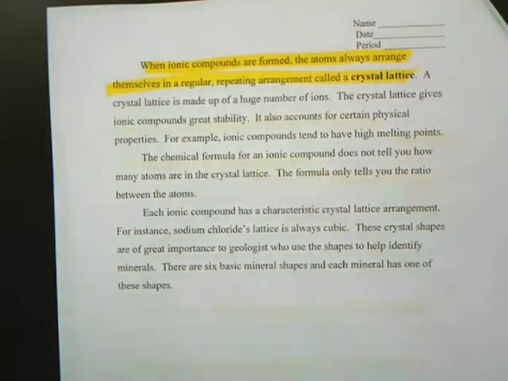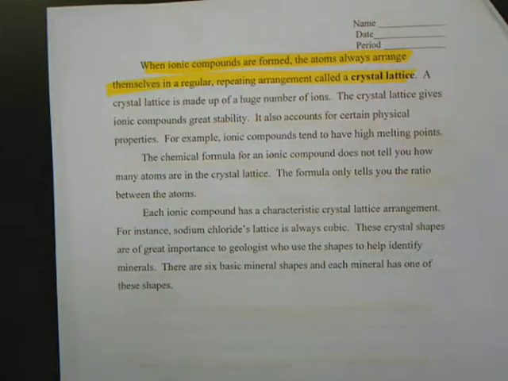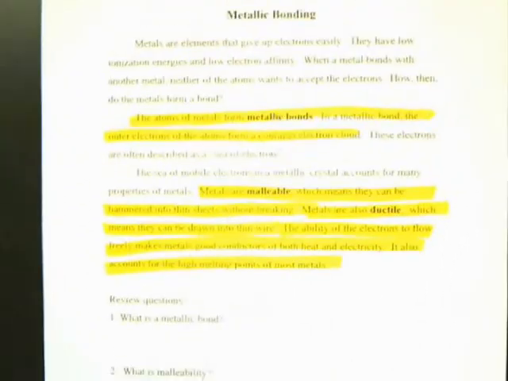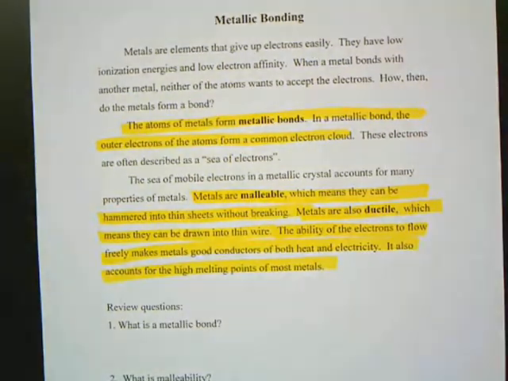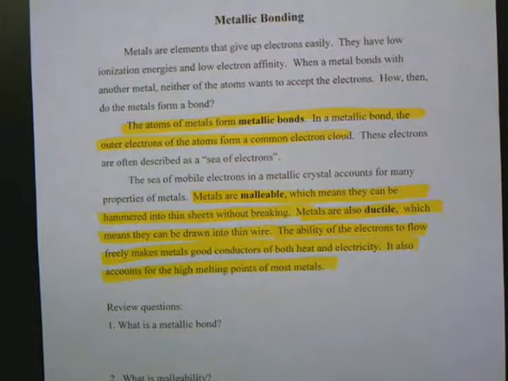All right. On the back it says, when ionic compounds are formed, the atoms always arrange themselves in a regular repeating arrangement called a crystal lattice. Okay? Metallic bonding. The atoms of metals form metallic bonds.